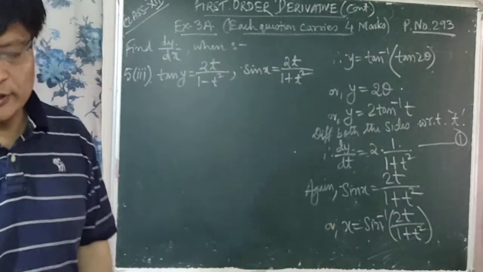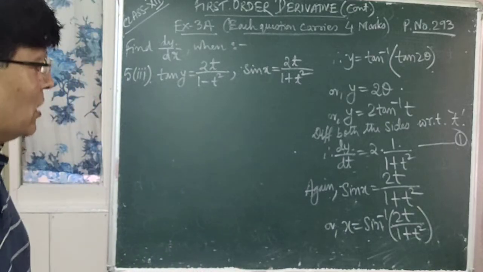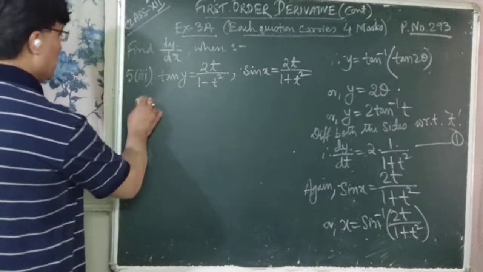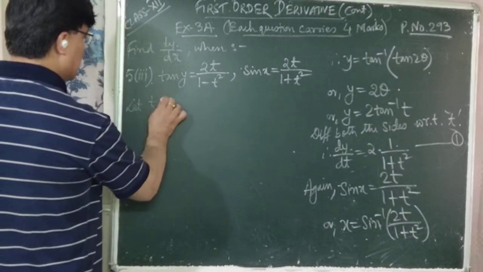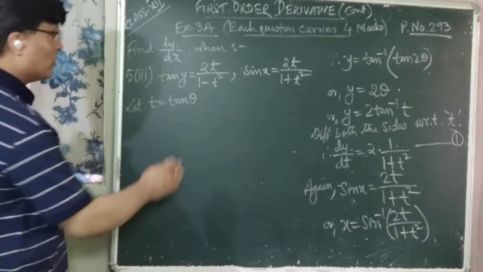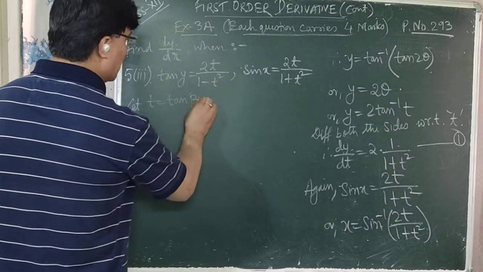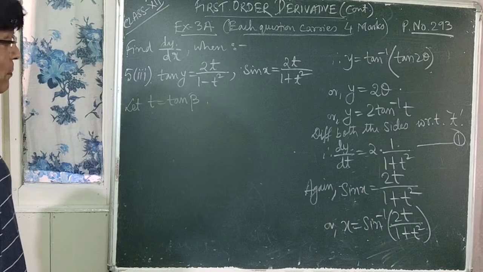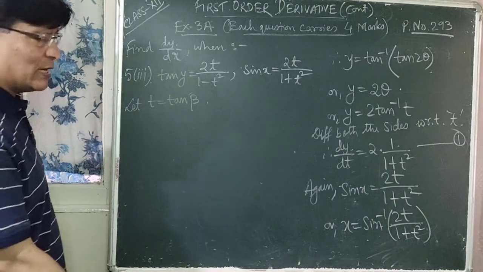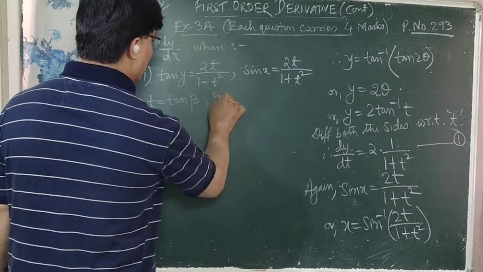So let's do trigonometric substitution. What should you put for t here? Here also tan theta. So let t is equal to tan theta, or you can write tan beta also. In the first case, we put t is equal to tan theta. Let us put t is equal to tan beta out here. So what is the value for beta?